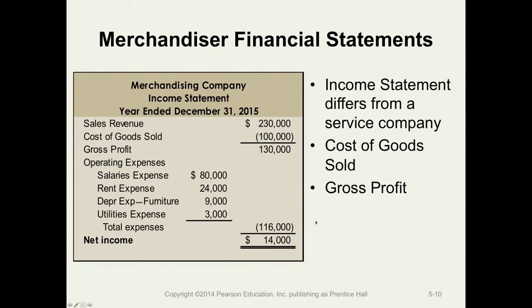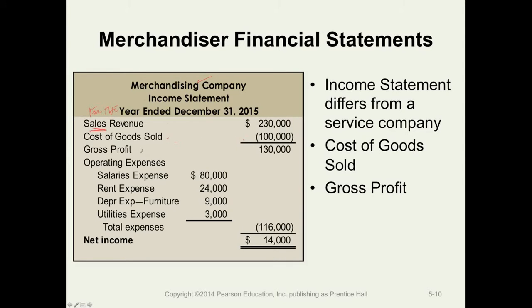So when we look at the merchandising financial statements, you'll notice that the income statement is first. And once again, the name of the company, the statement, and for the year ended is your income statement. Notice rather than having service revenue, you have sales revenue, and then you have your cost of goods sold.